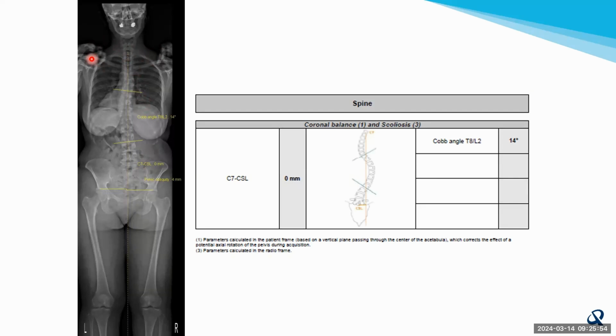We use the cutoff of 3 centimeters. So if they're 3 centimeters toward the right, we'll say there's 30 millimeters of coronal imbalance toward the right. But that is a pretty straightforward concept for most people to grasp, and it's really well demonstrated on the EOS images.